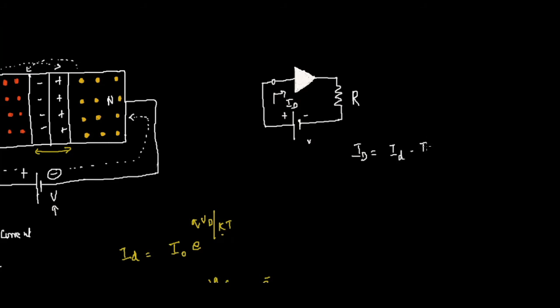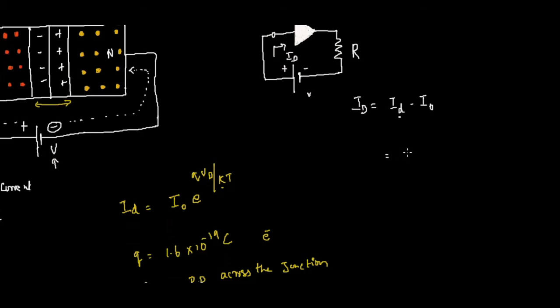You know what that diffusion current is. From this equation, you can rewrite the expression for ID: e raised to the power QVd divided by KT, minus I naught. So you can take I naught as a common term outside.